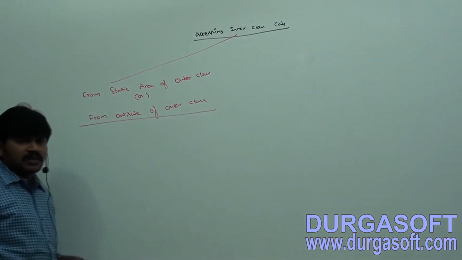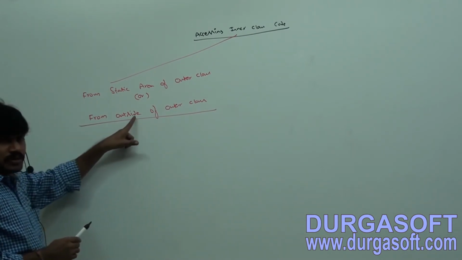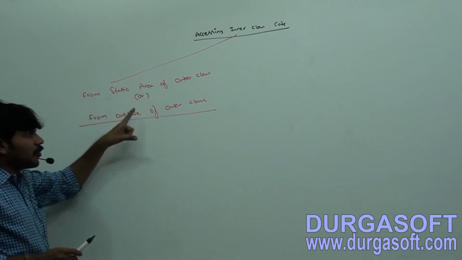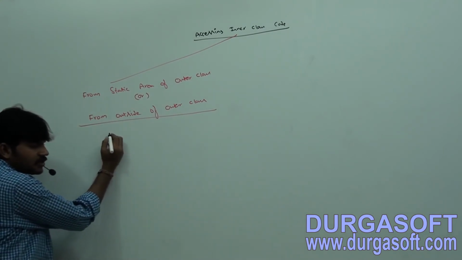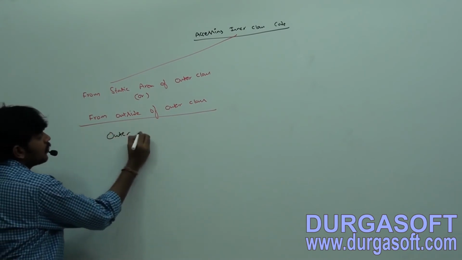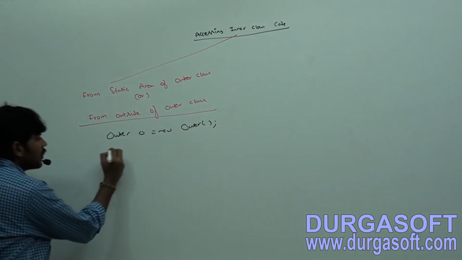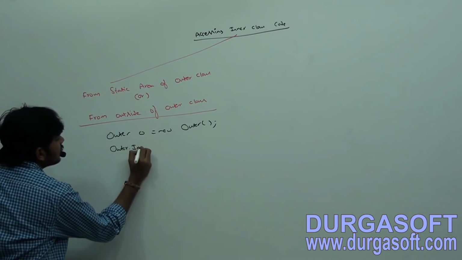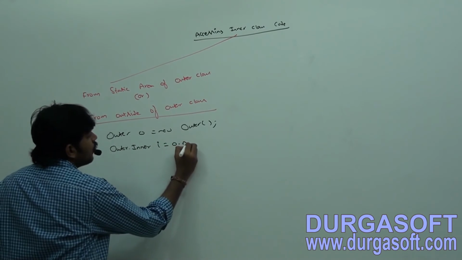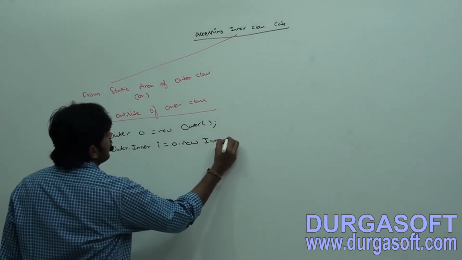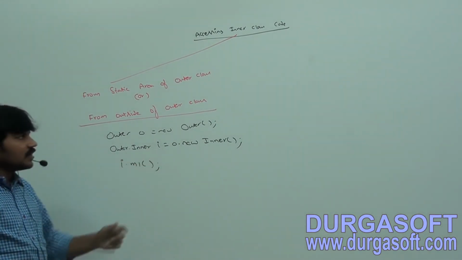Case 1 and case 3 are the same. What is the way? The first step: Outer O is equal to new Outer. Then Outer dot Inner I is equal to O dot new Inner, and I dot M1 is the same.